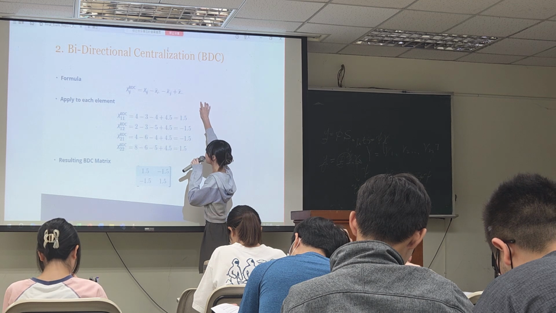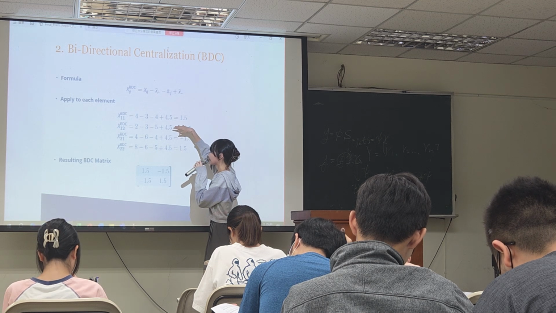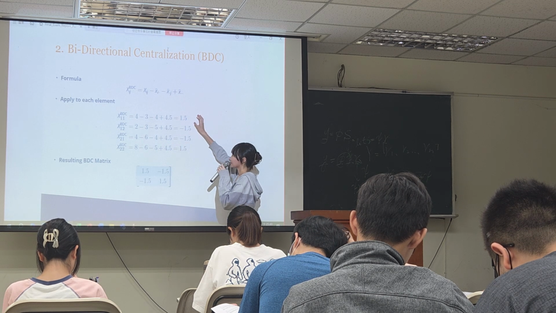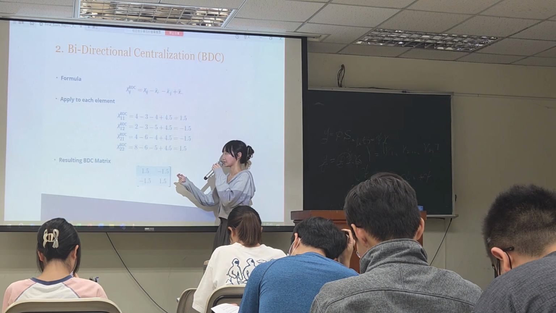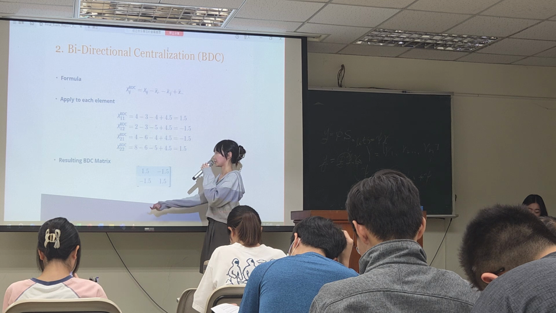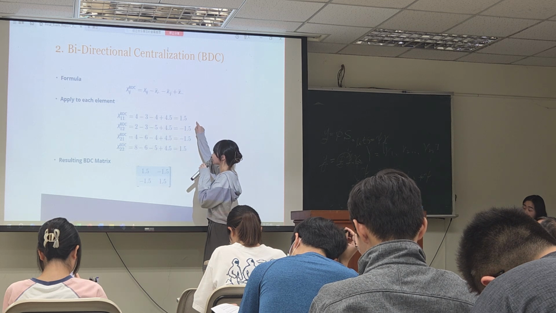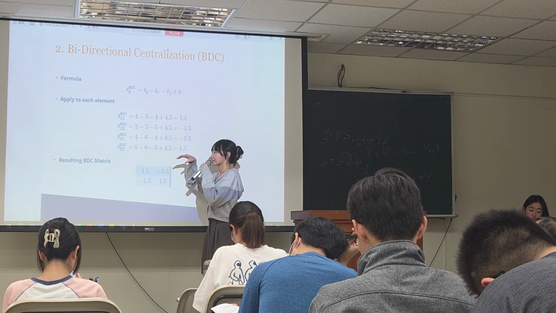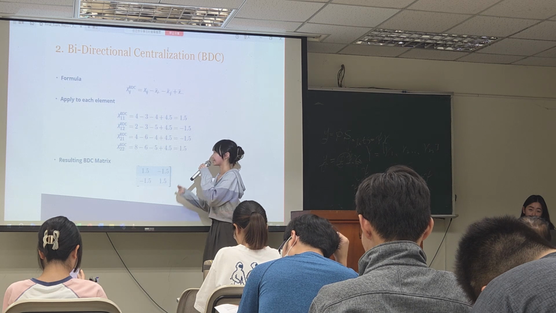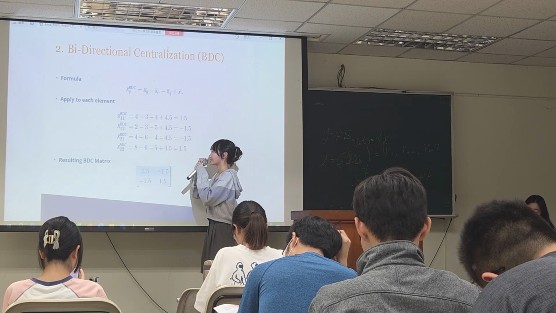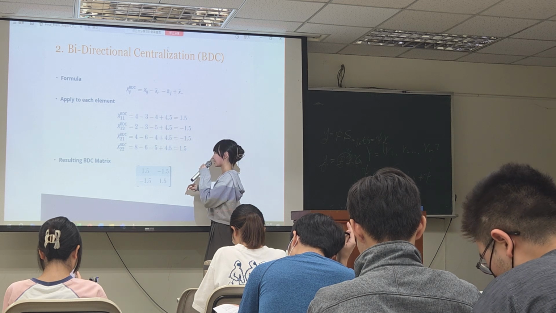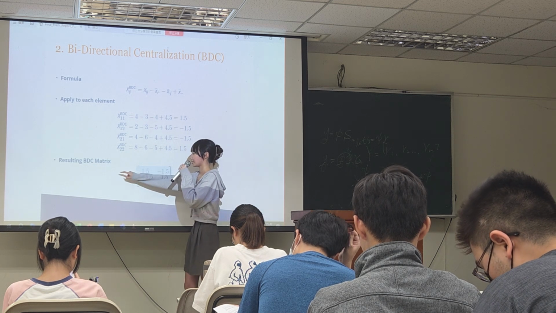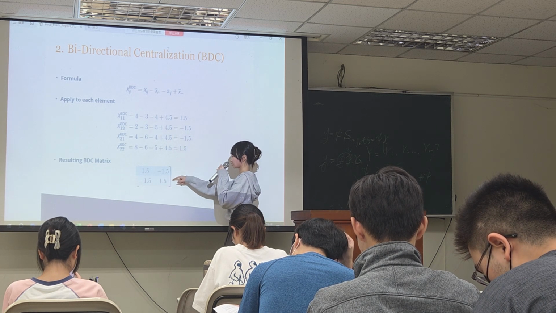The next step is BDC. We take the initial imputation matrix from the previous step, and this step subtracts the row and the column min to center the data, so we can get the BDC matrix.